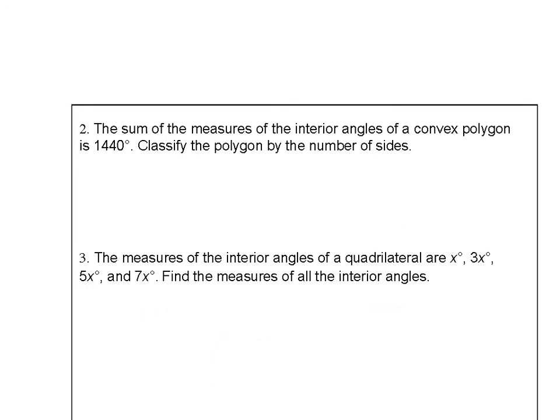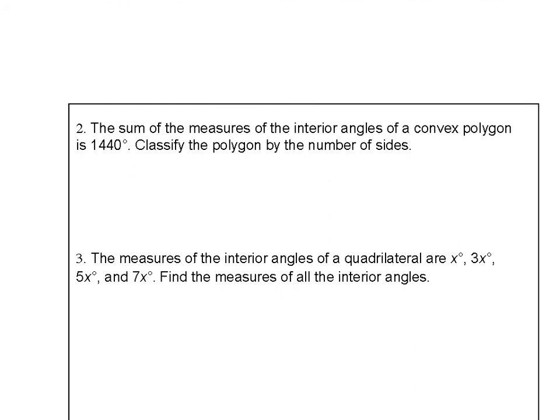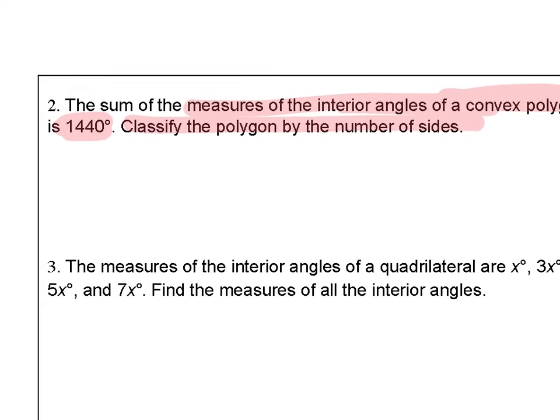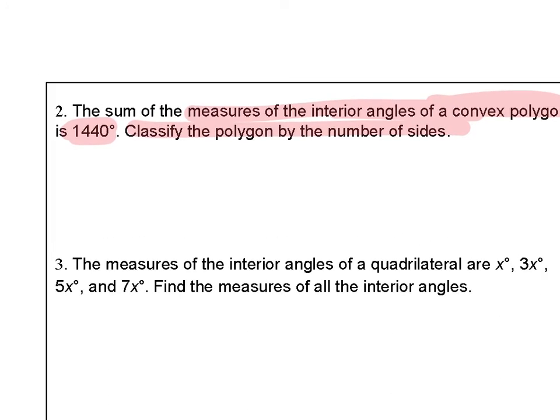Okay, so next question goes back to some of the stuff that we did last week. It tells us the sum of the interior angles of this polygon is 1440, and wants us to classify it by how many sides it has. So let's remember our formula for just the interior angles of a polygon.